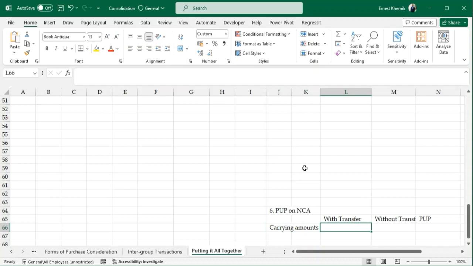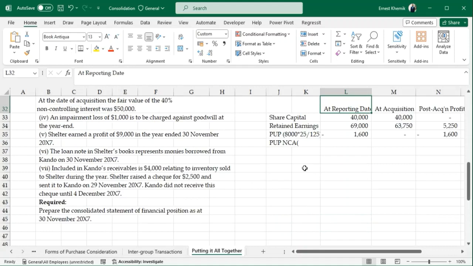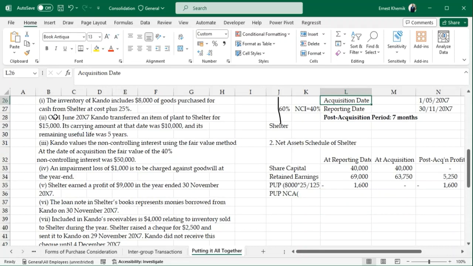The carrying amount here, when it is happening with the transfer, let's go to the notes. The second note is saying that on 1st June 20x1, Kandu transferred an item of plant to Shelter for 15,000. That is the with transfer amount. So when the transfer happened, we transferred the amount.